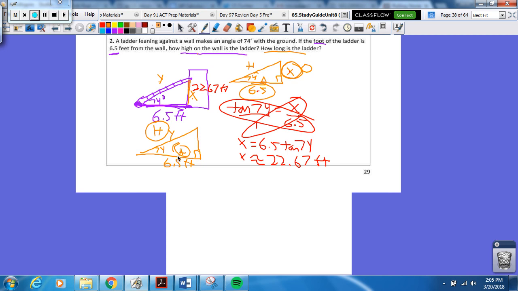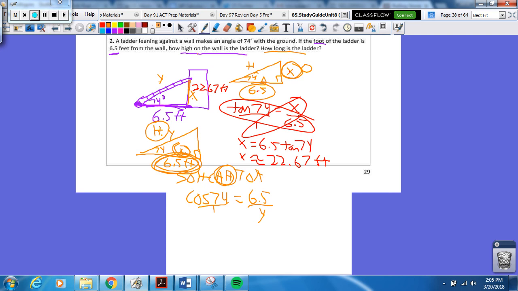Adjacent and hypotenuse, cosine. SOHCAHTOA: cosine is adjacent over hypotenuse. So now I know the cosine of 74 equals the adjacent, which is 6.5, over the hypotenuse, which is y.